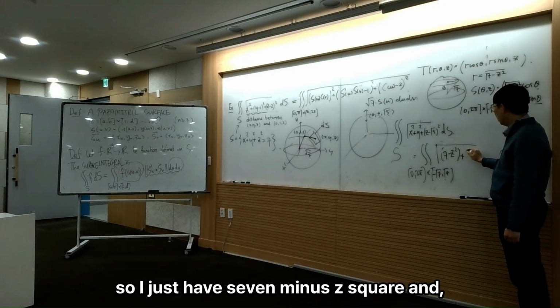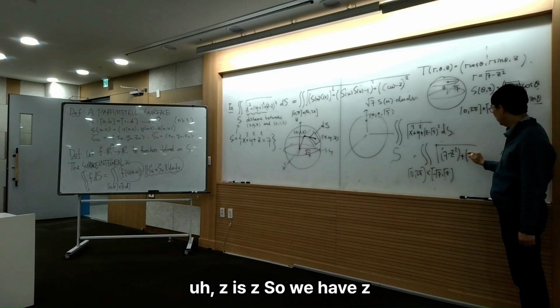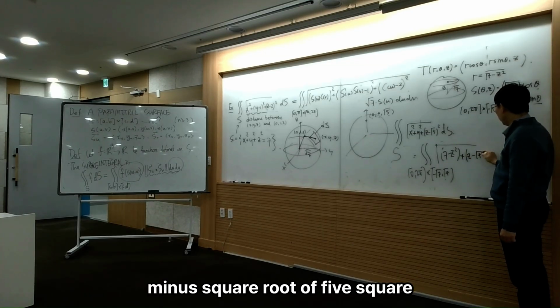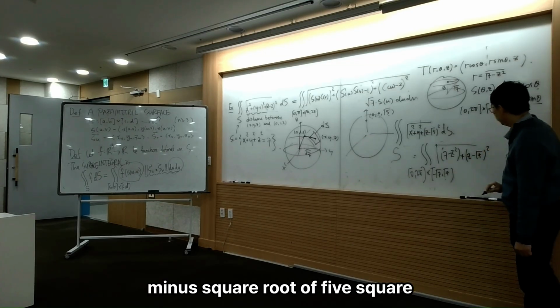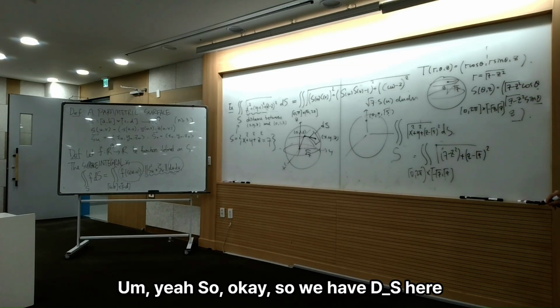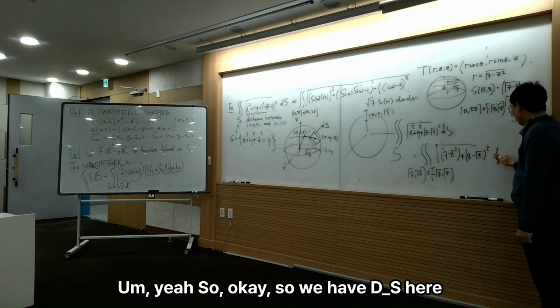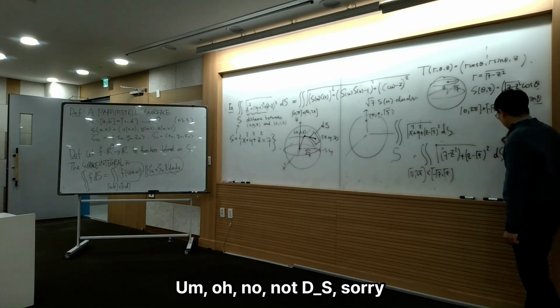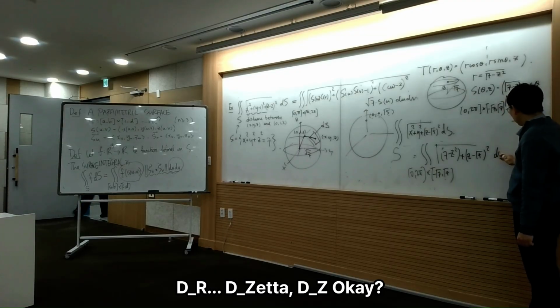And z is z, so we have z minus the square root of 5, squared. Now we have dzeta dz.